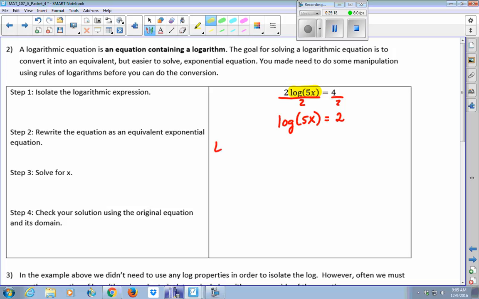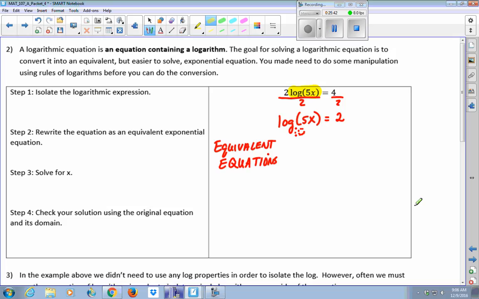Now, the reason we had to spend all that time writing log equations as exponential equations is so we could do this solution very quickly right now. What's the base on that log, even though I don't see it? 10. If you want to, go ahead and put it in for yourself. It helps you.